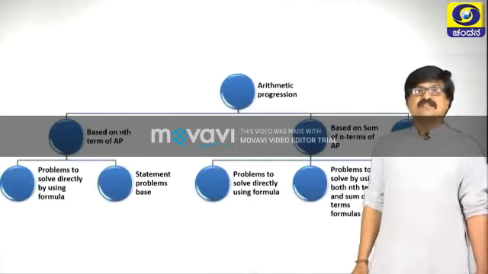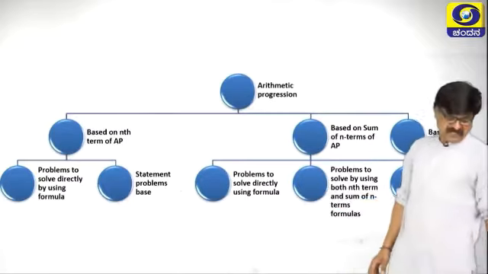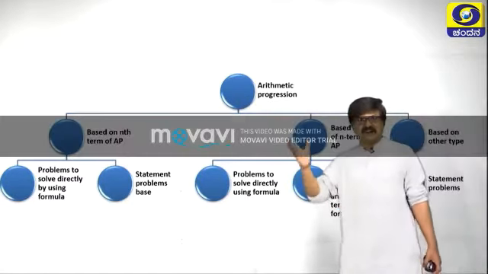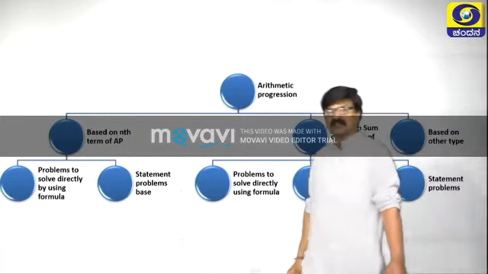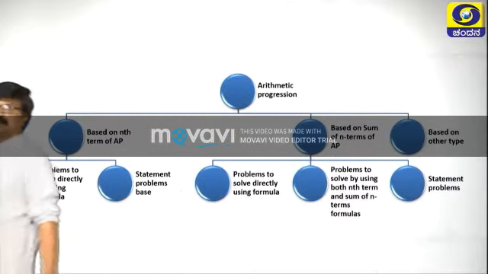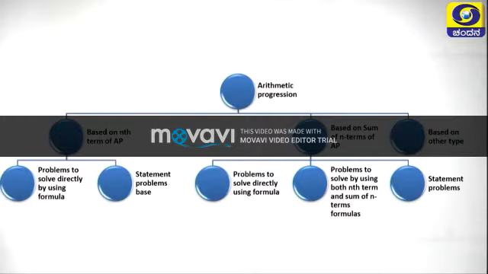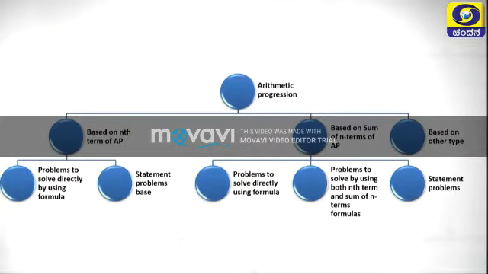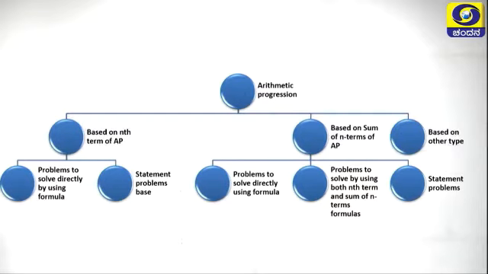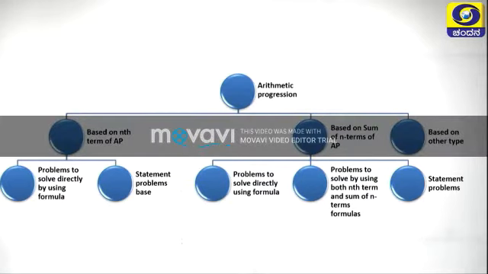The next one is, see, AP means all these ideas are there. You just go through once, based on nth term, based on sum of n terms, based on other types. For nth term, 2 varieties are there, based on sum of n terms I think 3 kinds of problems I have listed.